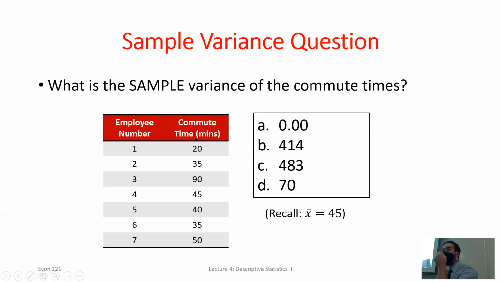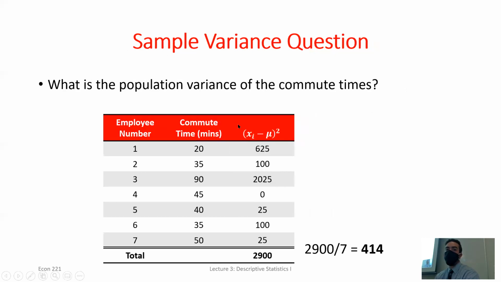Now I know this is sample data, so I have to calculate a sample variance. What do I know has to be true relative to what I did here? The only difference is instead of dividing by n, I divide by n minus 1, but none of these numbers have changed, so I'll still get the same sum of deviations squared.